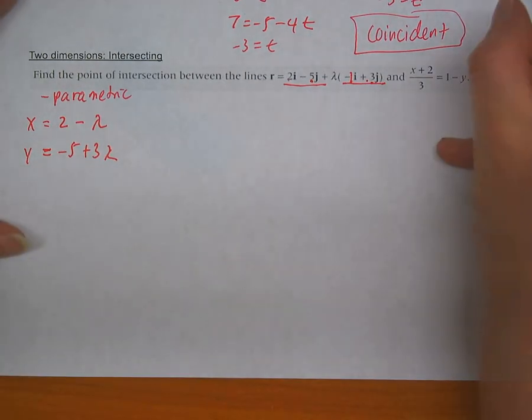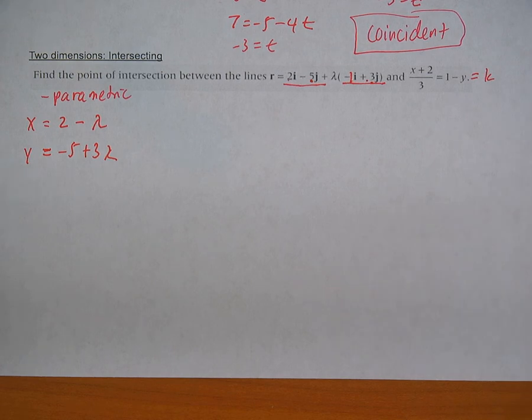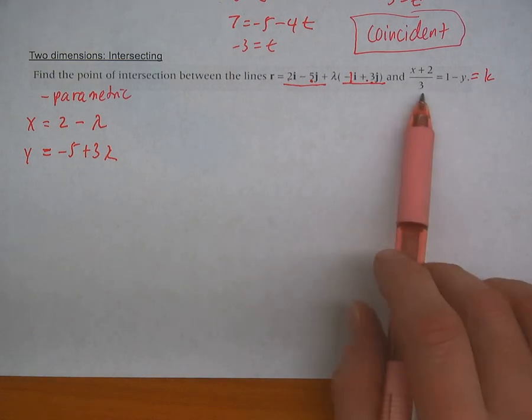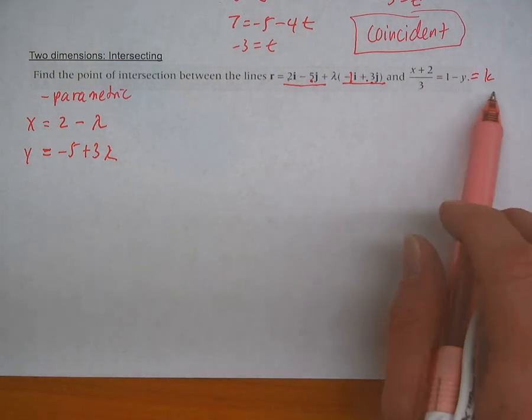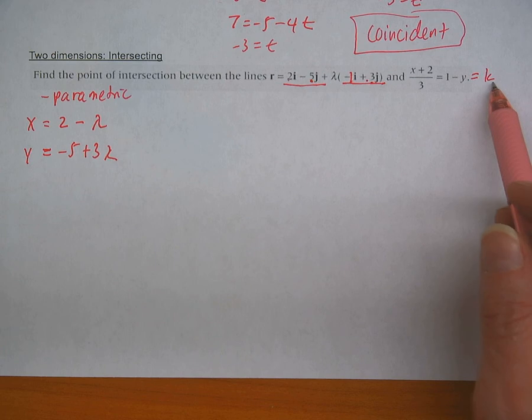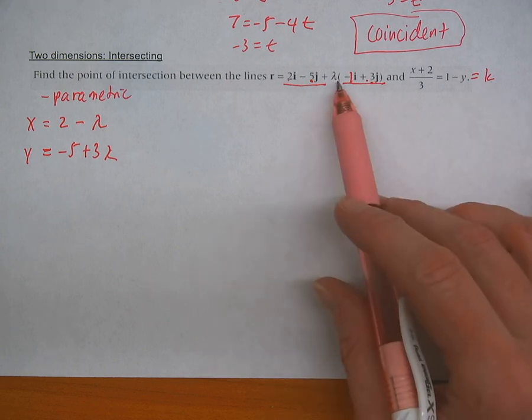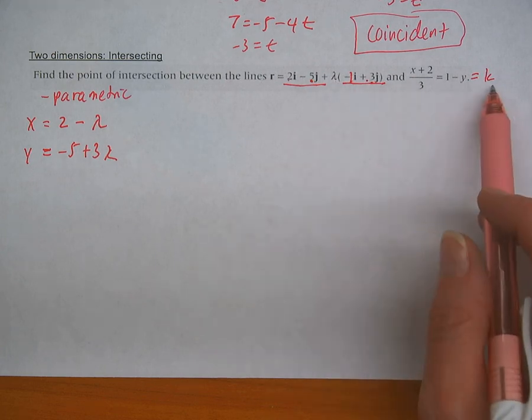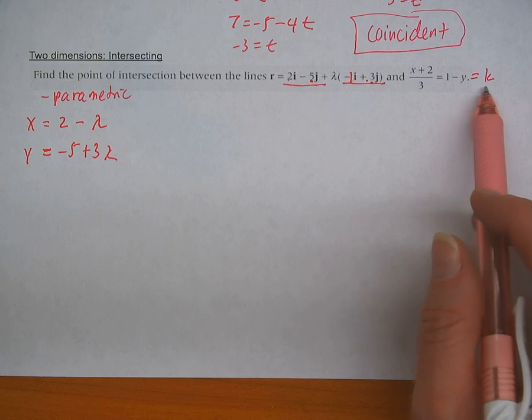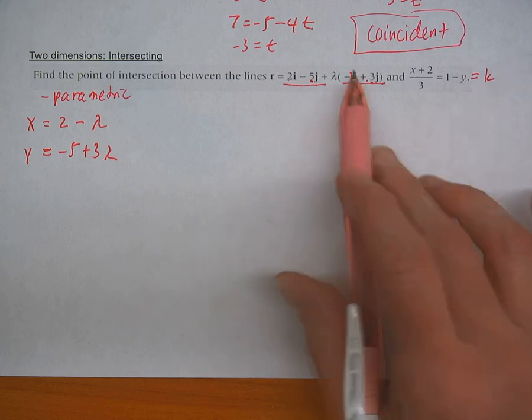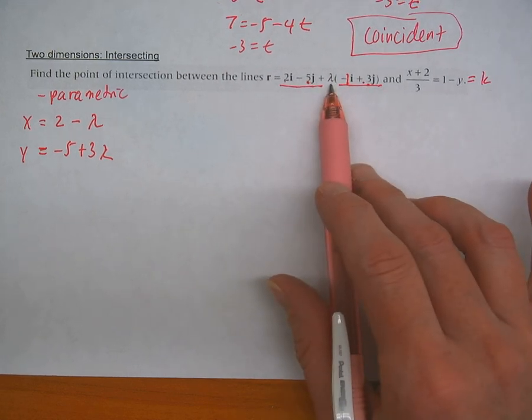Now, what about finding the equation of our line in parametric form for the second one here? How we do that is we set it equal to some parameter. We already used lambda, so we want to use a different one. So I'm going to use k. You could use t. Basically, just don't use the one that was used for the other equation of a line.